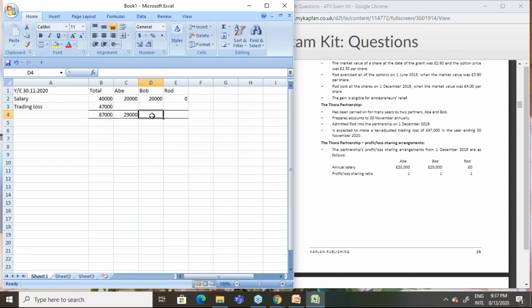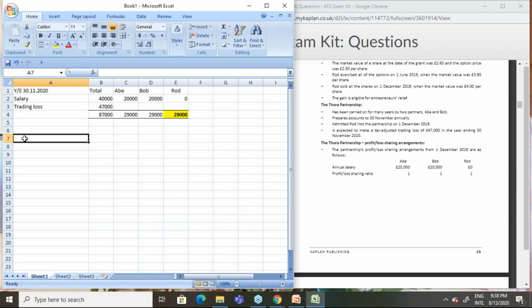So 29,000 is the loss here. So this is your loss. Now, what matters is this 29,000 loss attributable to Rod in this situation. So Rod's loss for the year ended 30th November 2020 is £29,000.